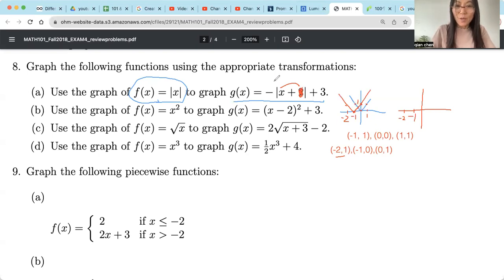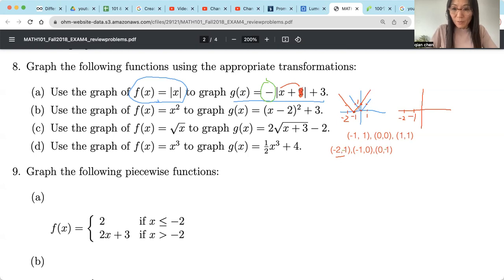Once we have this, let me change my color to green. I do the transformation of the negative sign. The negative sign is a reflection, so all the function values become negative. So my points become -2, -1; -1, 0; and 0, -1.